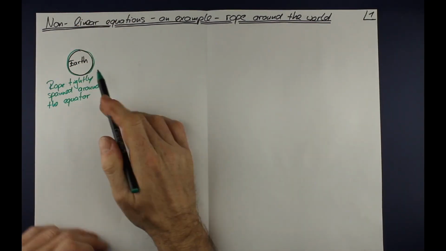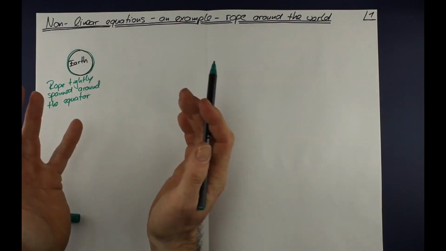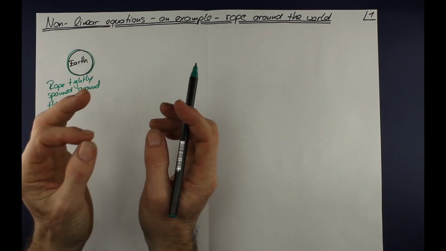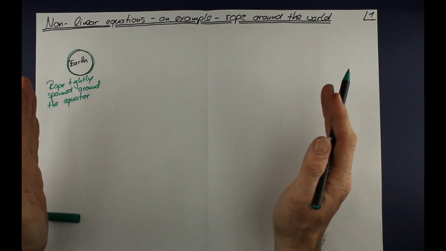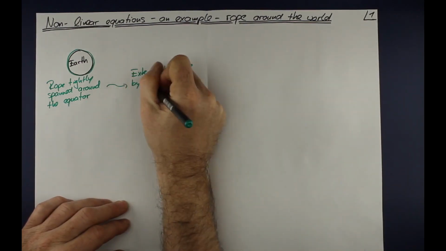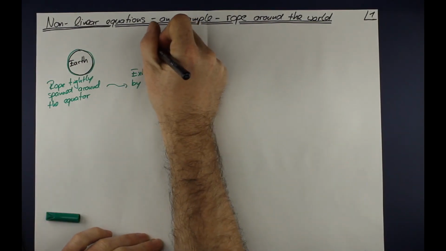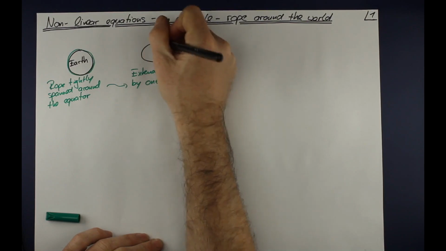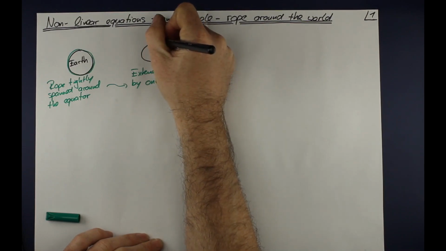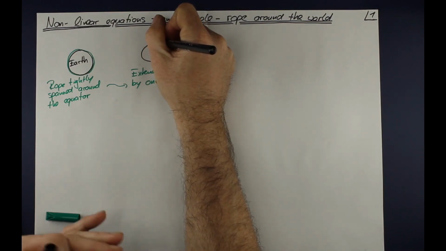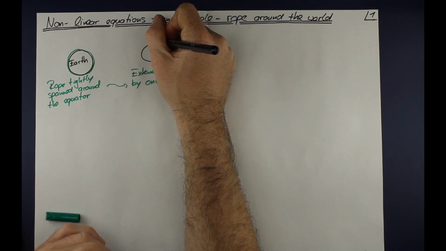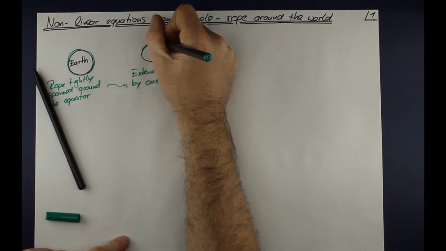And then we take this rope and extend this rope by 1 extra meter. And then the Earth here, we are lifting that rope, and the question is, how far can we lift?